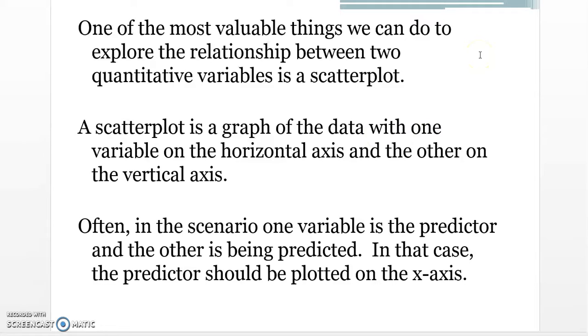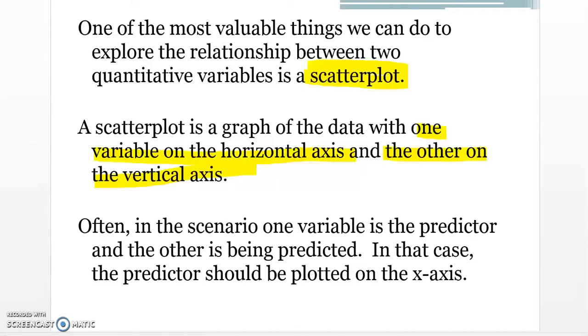One thing that we can use to describe the relationship between these two is called a scatter plot. A scatter plot is a visual way for us to see the relationship right away. Basically, you have one variable on the horizontal axis and the other one on the vertical axis.